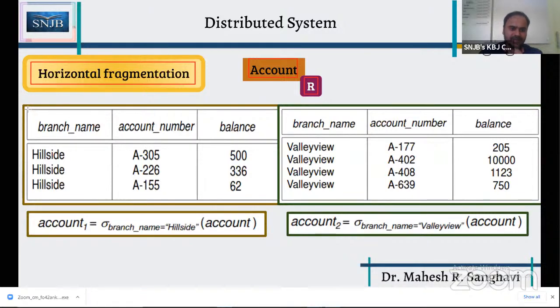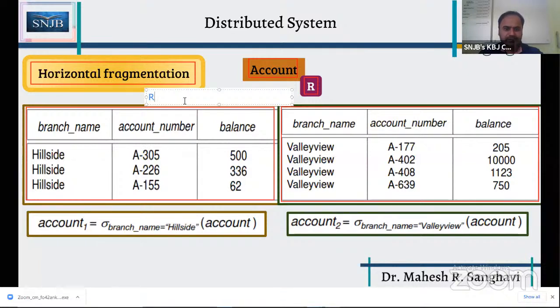This is fragment number 1, which you may call R1, and this is fragment number 2, which is R2. So R is divided into R1 and R2.